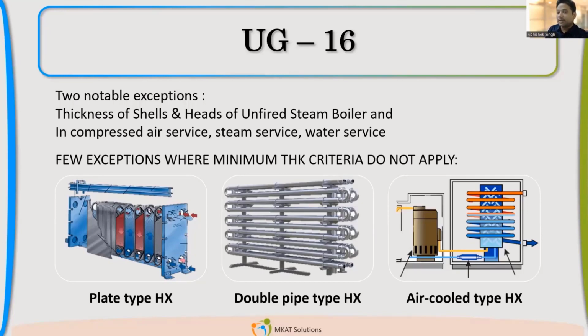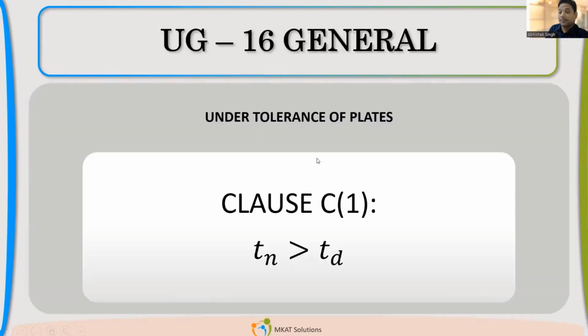Yes, Seth, you're right. So 2.5 mm is the minimum thickness requirement for air service, steam service, and water service. I hope you're clear with that. Now let us see further.